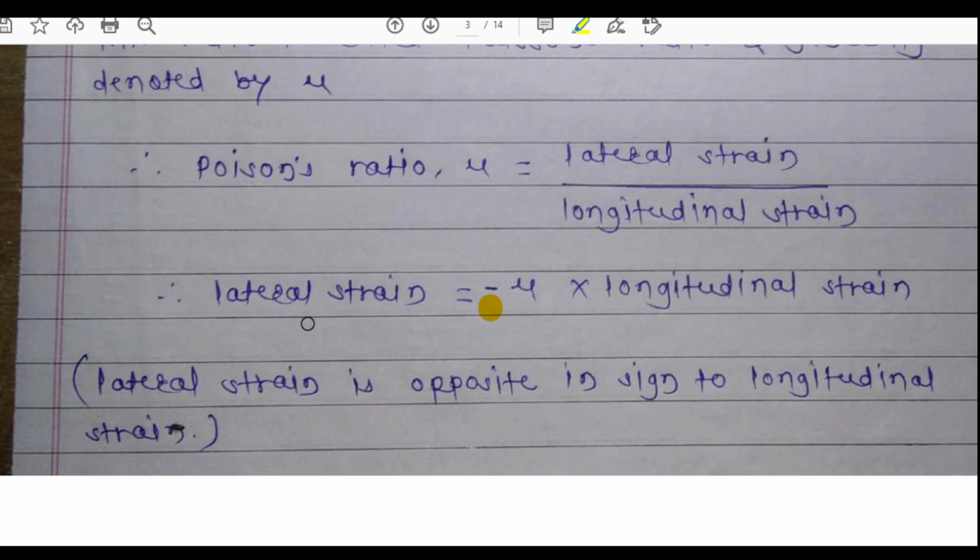Why? Because, as I have already explained, the lateral strain will be exactly in the perpendicular direction to that of the longitudinal strain. So if the longitudinal strain is tensile, the lateral strain will be compressive. That means tensile will be in the positive direction, positive sign tensile, and compressive will be negative. So I have written here: lateral strain equals negative of mu into longitudinal strain. Remember this, lateral strain is in exactly the opposite sign and direction to that of longitudinal strain.